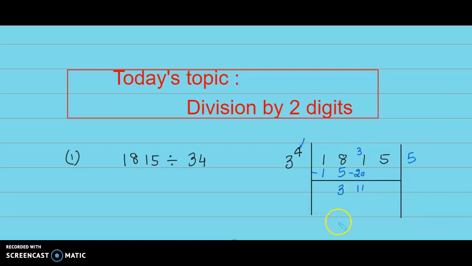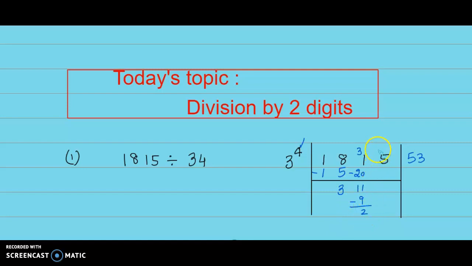11 here. Now 11 is greater than 3, so we will divide this 11 by 3. So 3 3s are 9, and we get 2 as remainder here.